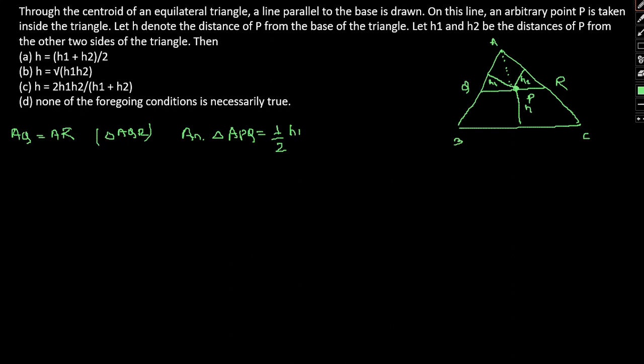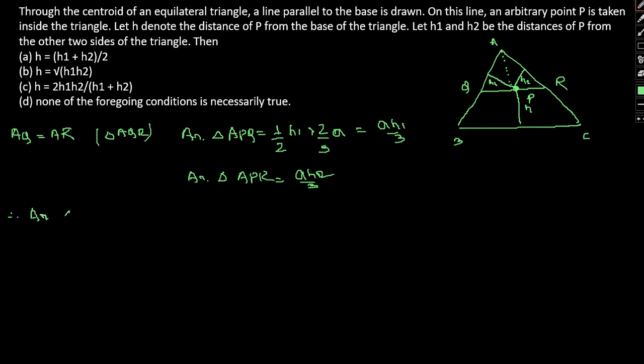Half H1 into 2 by 3 A. Okay, so you can write that. So therefore area of APQ is A H1 by 3. Similarly, area of triangle APR will be A H2 by 3. Sorry, my bad, this is H2, right? So AH2 by 3.